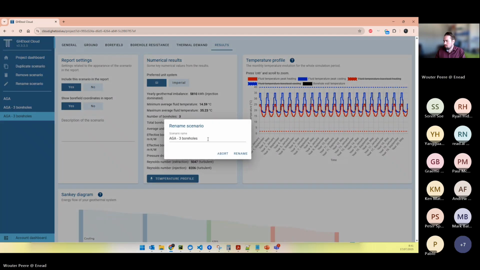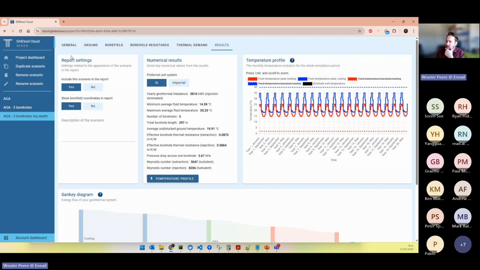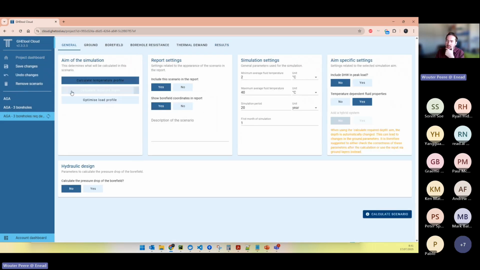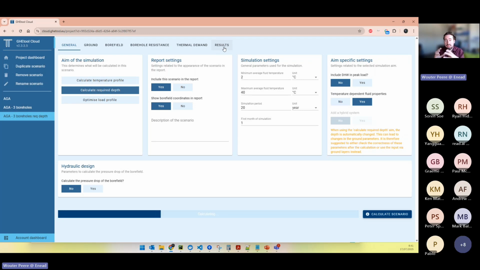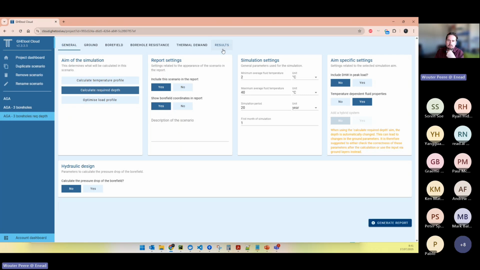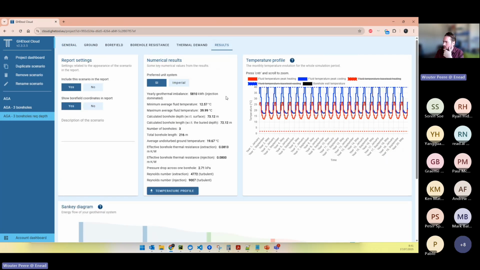So what we can do is we can actually ask the software, well, calculate now my required depths. How deep should I drill in order to stay within these temperature limits to really get an economically ideal solution?